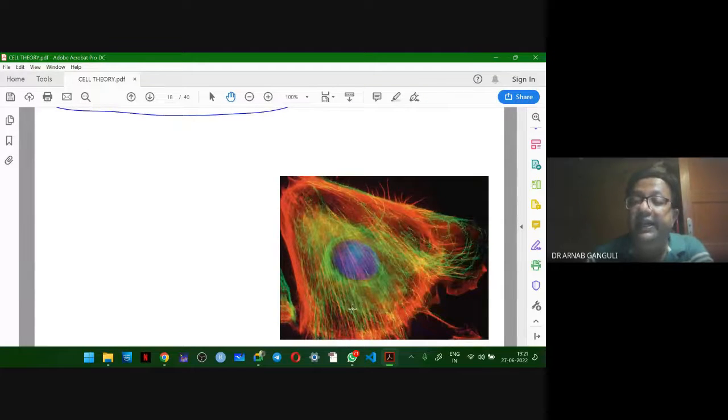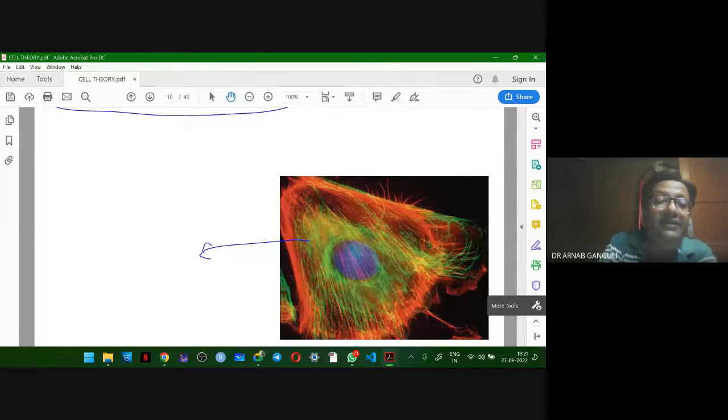You can see these little green lines, red lines, known as cytoskeleton. They can be actin, myosin, vimentin.